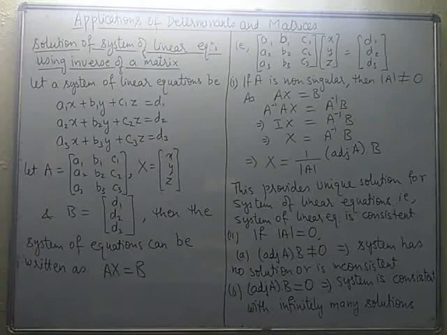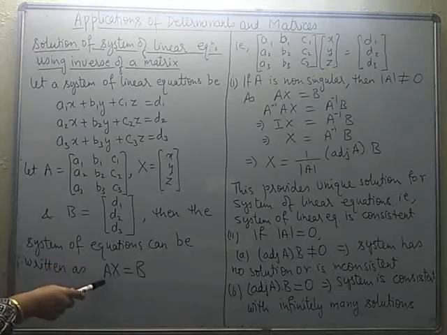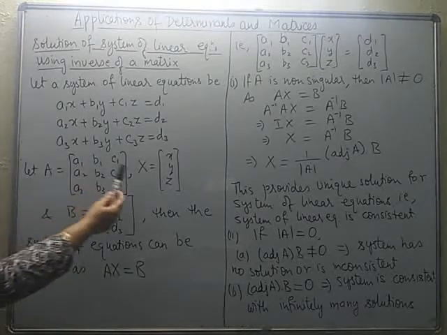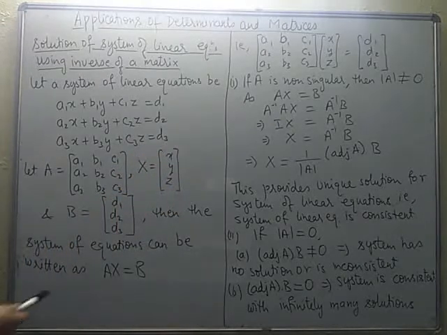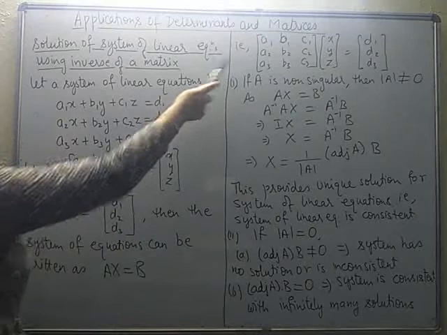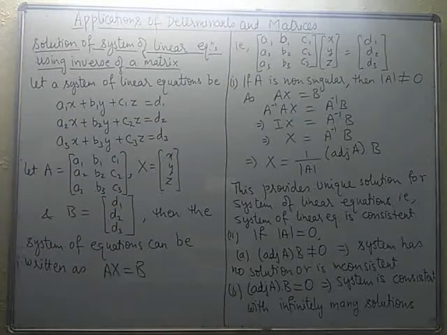Now if these be the notations used, then the system of linear equations can be written as the product of these two matrices, which will result into the matrix B. You can verify this using matrix multiplication.